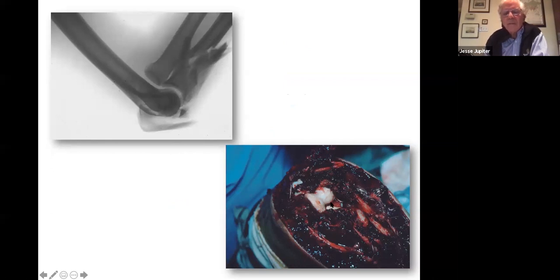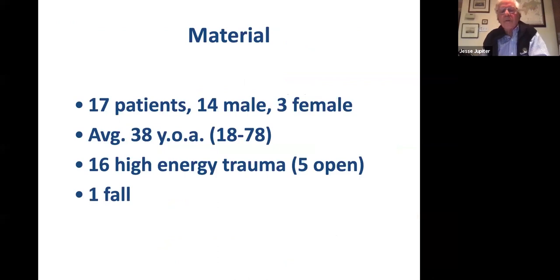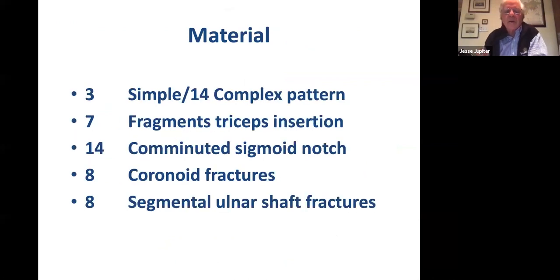This young man, high school student, that's the end of his humerus, and this is all hematoma. And we looked at this group and published and found a lot of problems.